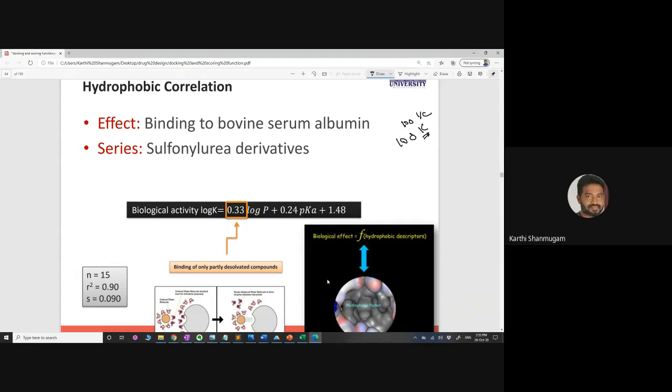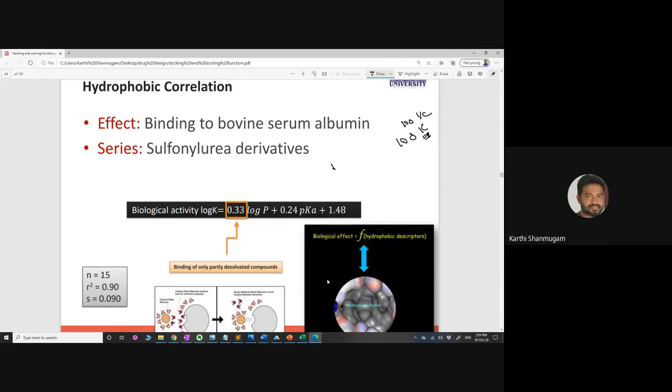Can you tell what is this k? Dissociation constant. Okay, dissociation constant, right?